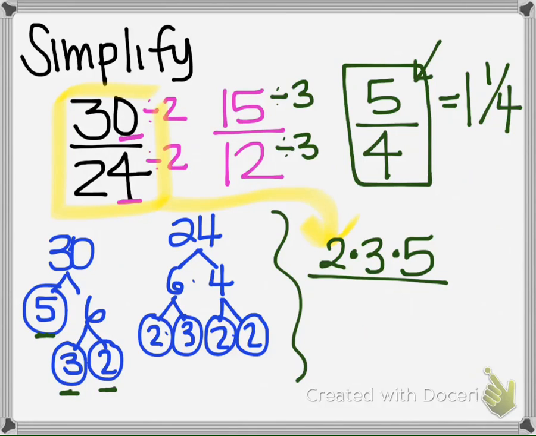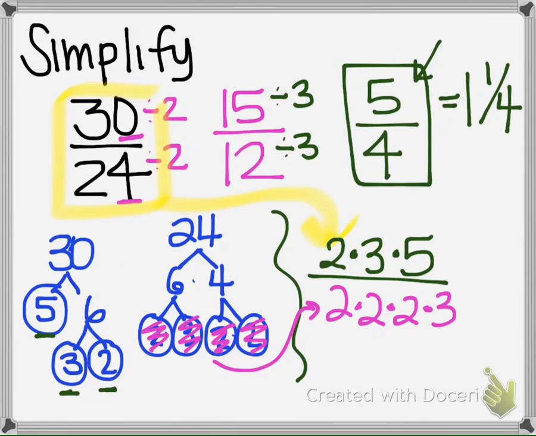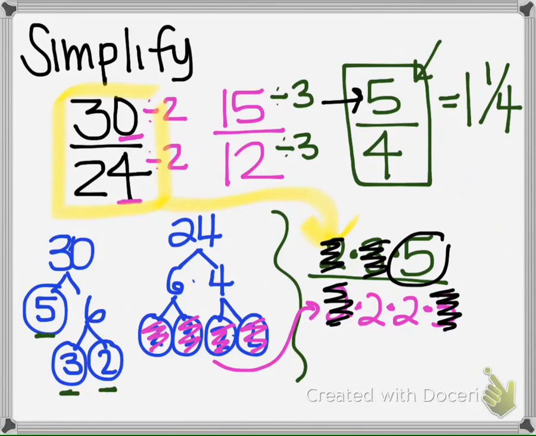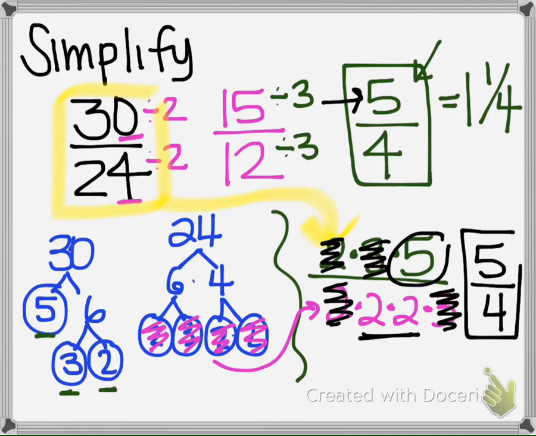And I always write it from least to greatest. And then here, I'm going to write it as 2 times 2 times 2 times 3. And then whatever is here, I can cross out with the denominator. As you can see, we have the 5 left, that's this 5 right here, and then we have 2 2's left. That makes 4. 2 times 2 is 4.